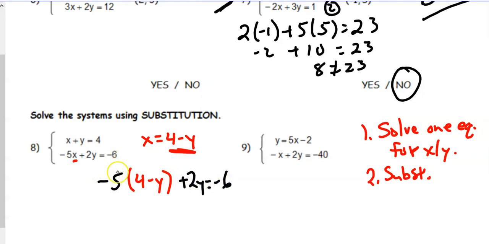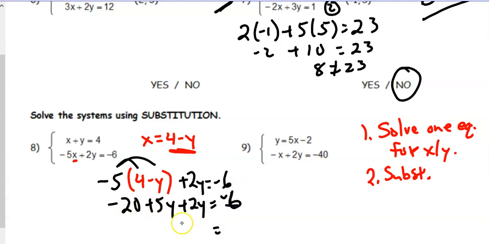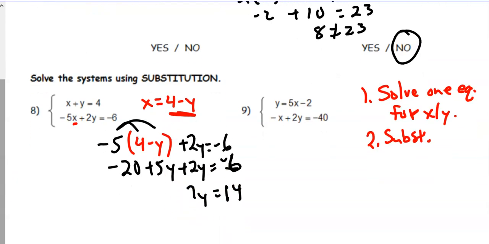So we can do it a couple different ways. I would probably choose to distribute here, though. I'm going to add over 20. Get that to be 14. Add there. And then we get y equals 2.